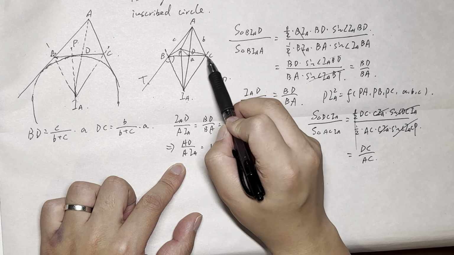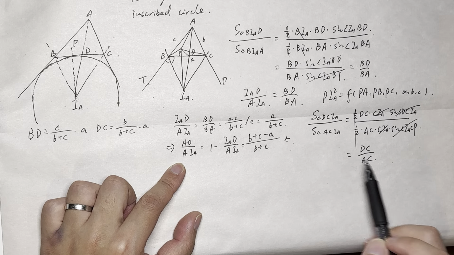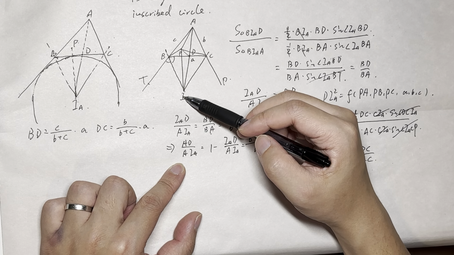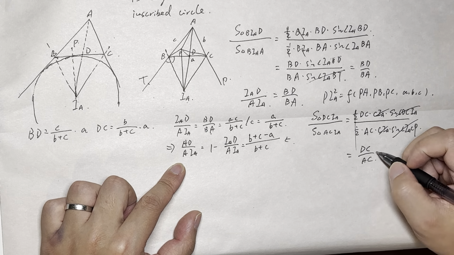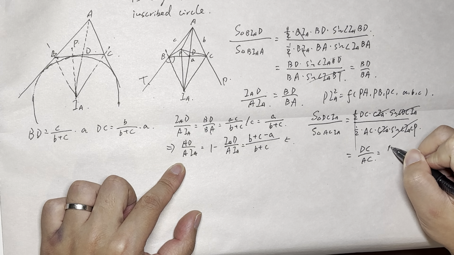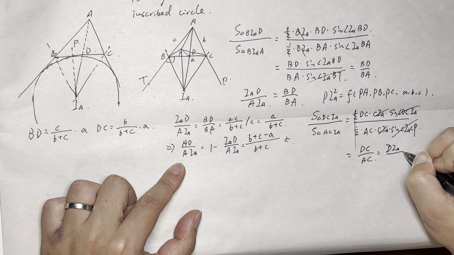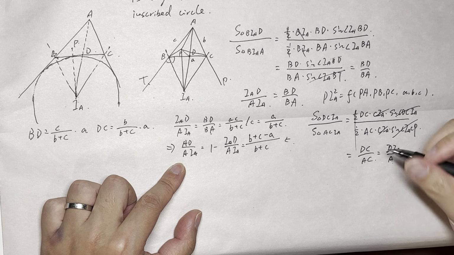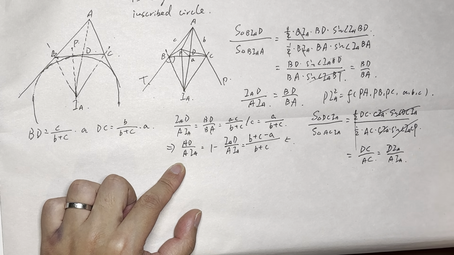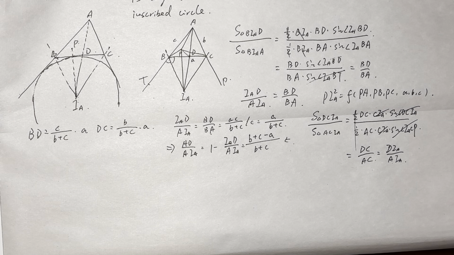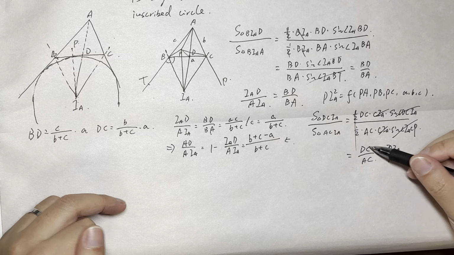So DC to AC is still DIA to AIA, right? And what is DC here?